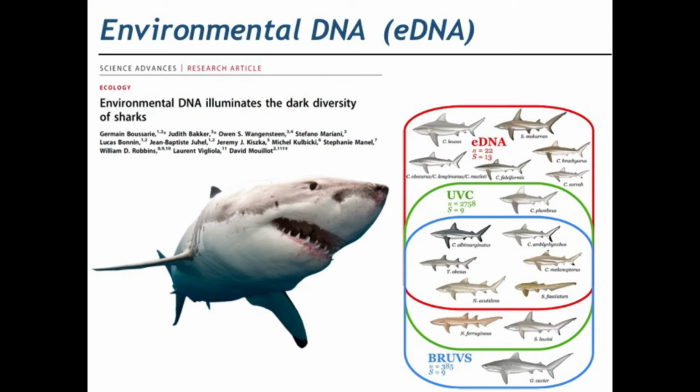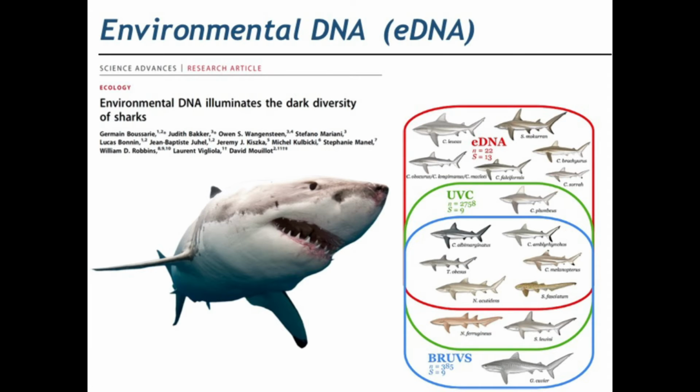The one in the green, thousands of observations, whereas with 22 water samples, getting the eDNA out of a couple of liters of water, you filter the water, the DNA gets stuck on a filter, you extract DNA from that, and you sequence and see what species you have.